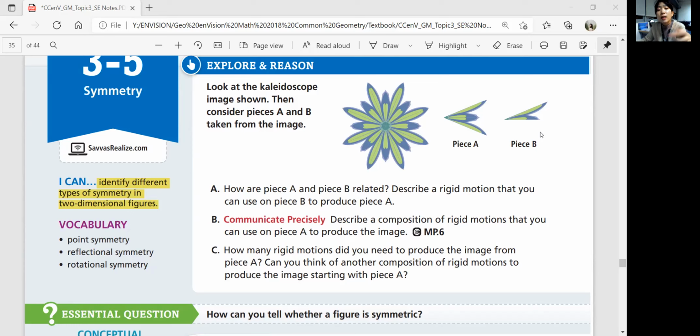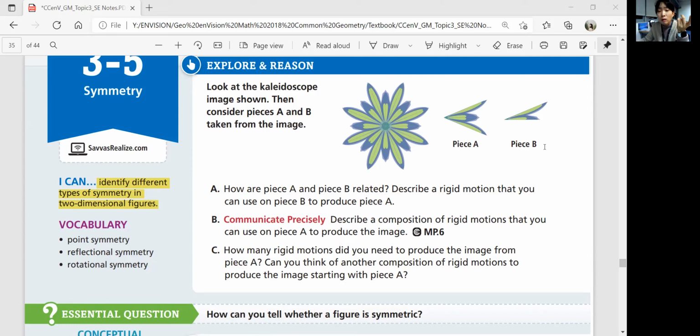And then think about how many rigid motions did you need, minimum, to produce the image from piece A. Can you think of another composition of rigid motions to produce the image starting with piece A? So thinking about all the rigid transformations you've learned so far, can you describe a composition of rigid motions from piece A to piece B?